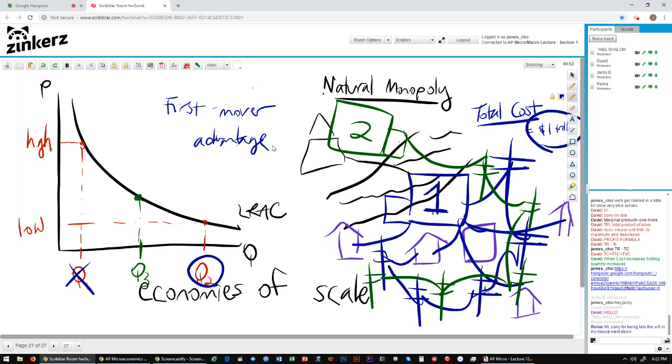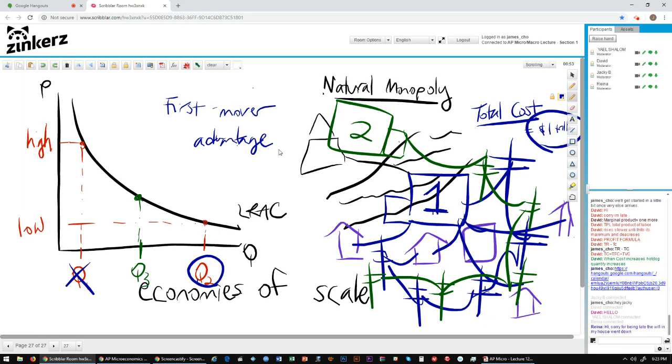What would natural monopoly be in simple terms? A situation where one huge company would make more sense than two smaller companies, which is what we see here with electricity. So this electricity industry is a natural monopoly. That's why you'll only see one large electricity producer.